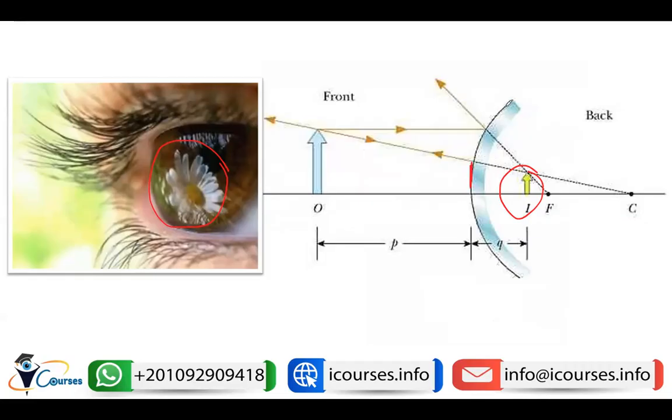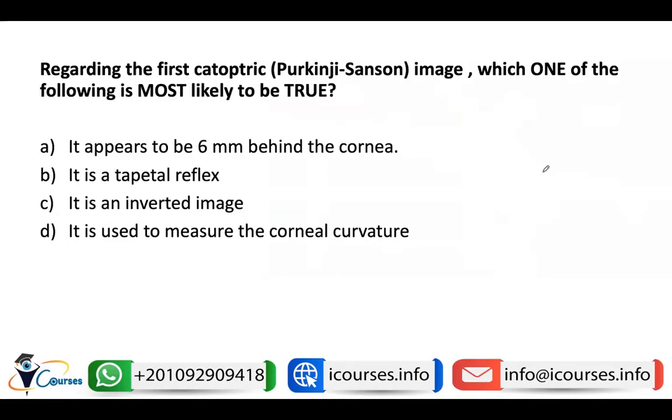So consider this is the anterior corneal surface, so the image will be formed here. And this will be the principle of a device that we will mention in the instruments. It is called the keratometer. So we have another question about the Purkinje-Sanson image. It has some other options, but again, this principle will be discussed in more detail in the keratometry lesson.